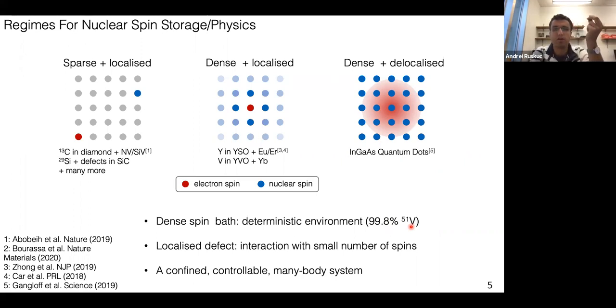This means that it interacts with only a very small environment of these vanadium spins, typically around 10 or fewer vanadium nuclear spins. So we have a very confined, controllable many-body system, which is pretty much deterministic. Every single ytterbium ion will have an identical environment of these vanadium nuclear spins. For all of these reasons, we think that this is quite an interesting regime to explore.